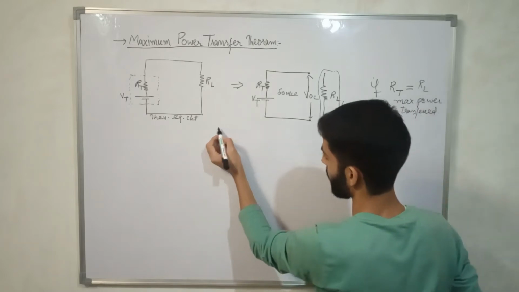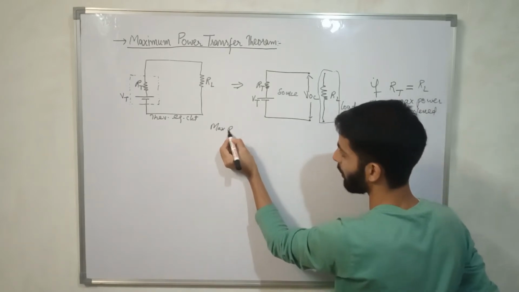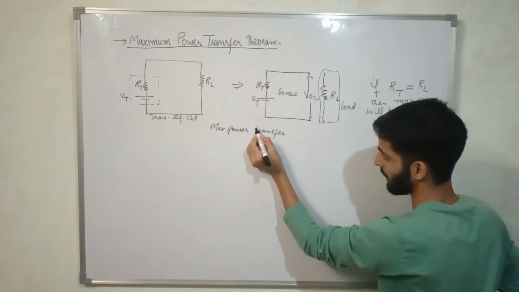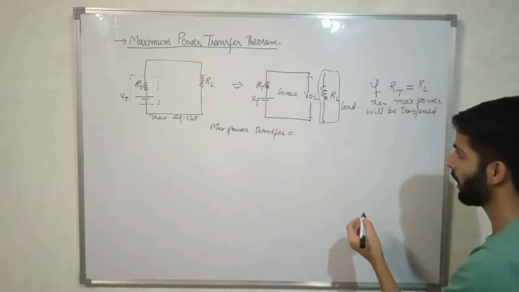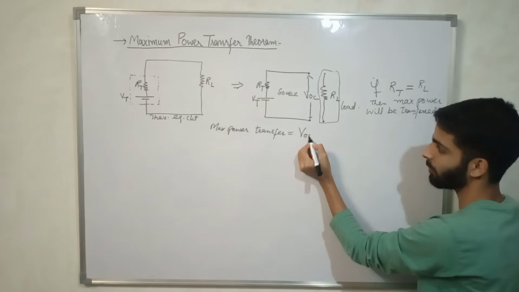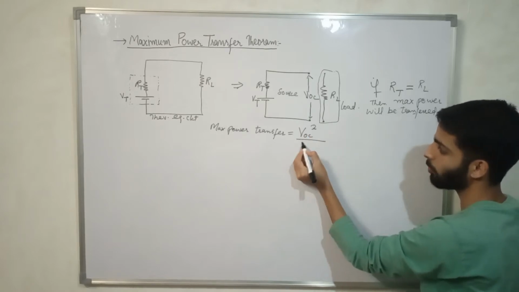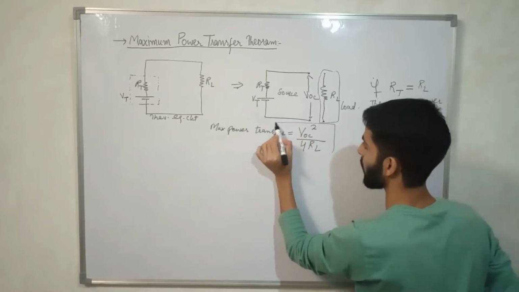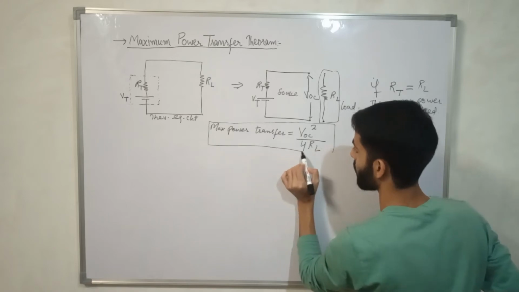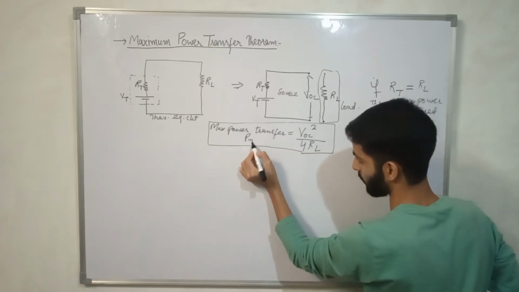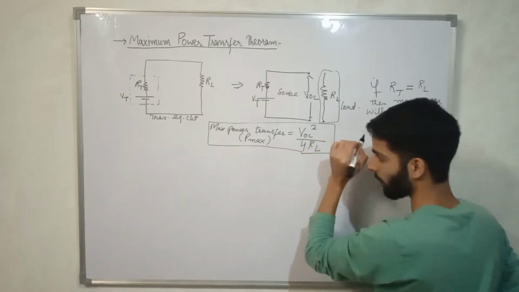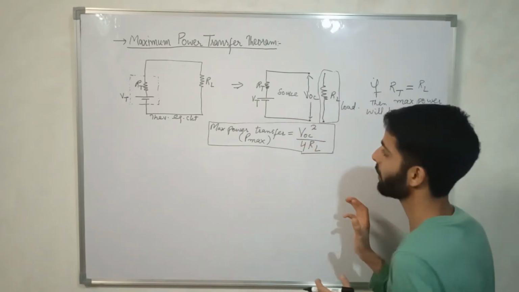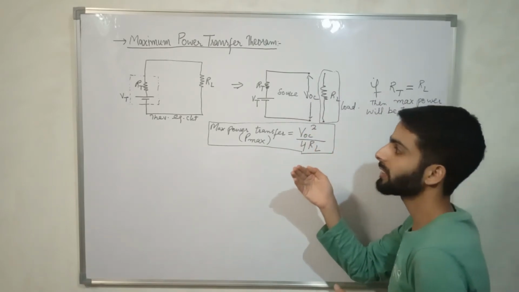The formula for this is maximum power transfer is equal to open circuit voltage VOC squared upon 4 times the load resistance. We can also write maximum power transfer as P max. Clear? Till here we find the maximum power transfer with respect to Thevenin's equivalent circuit.